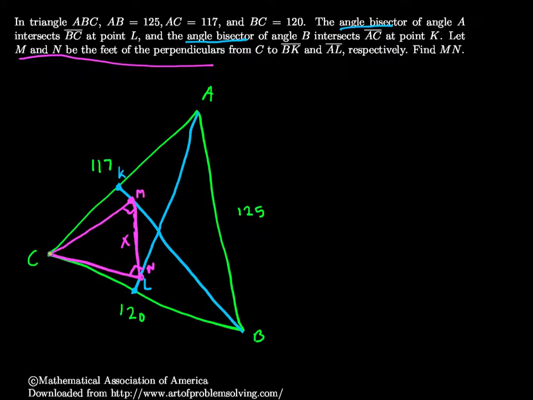Since this is perpendicular, if I extend this out to here, I will get an isosceles triangle here in yellow, and I know that this measure in yellow is 120.